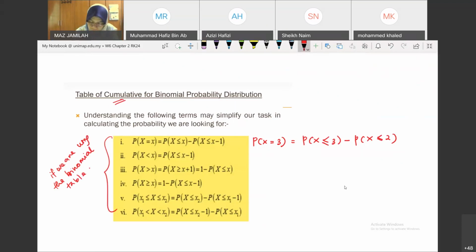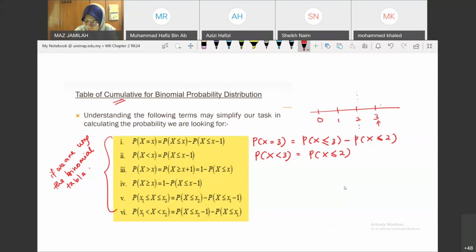So if you are asked to find the probability of x less than 3, it means finding the probability of x less than or equal to 2. You have 0, 1, 2, 3. Less than 3, so 3 is here, but 3 is not included. Less than 3 means 2 and below.